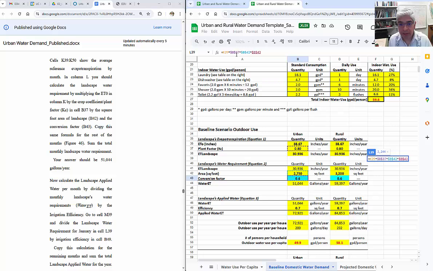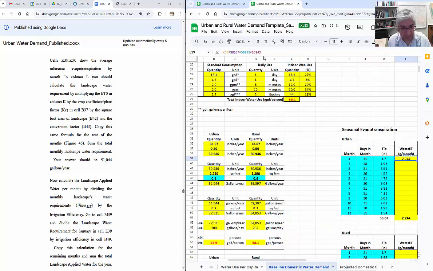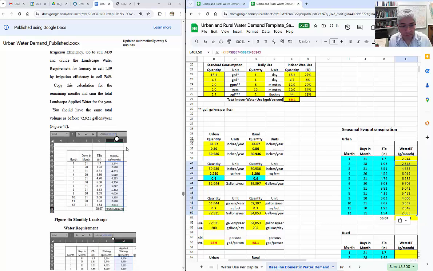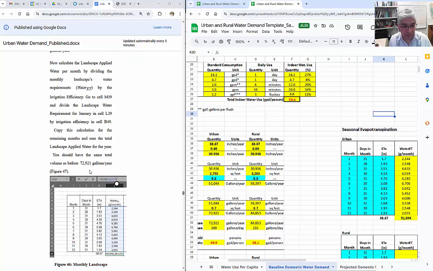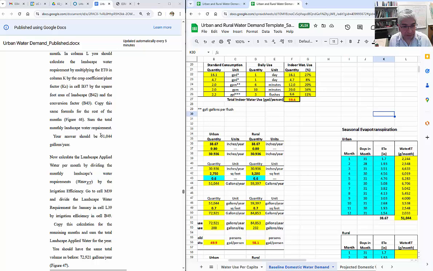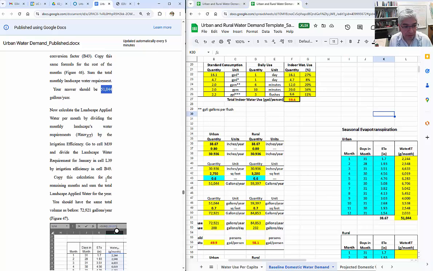And please remember to hit F4 to create this kind of dollar signs, and that value will get fixed. Then we will copy this. So you can see the numbers are the same, and the sum should be what it was saying here.